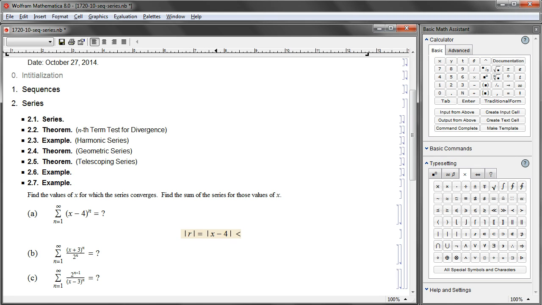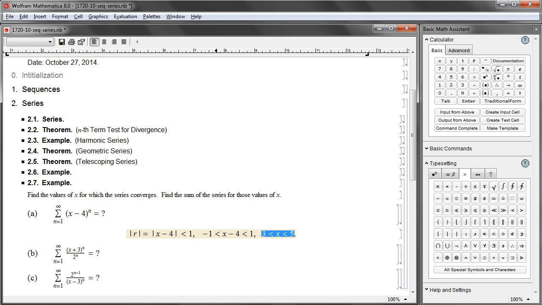So this is what we get, meaning minus 1 less than x minus 4 less than 1. So flipping 4 to the other side, we get the interval, and that's when we have convergence. So this is the condition for convergence.